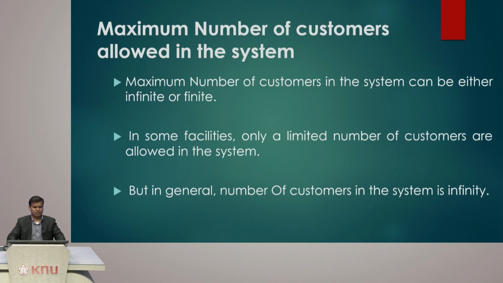Generally speaking, the number of customers in the system is infinite. For example, with the number of customers coming into a store, we are not limiting the number of customers, and we don't know exactly how many would come, but basically we just leave it as infinity.